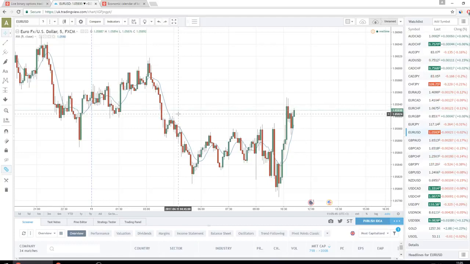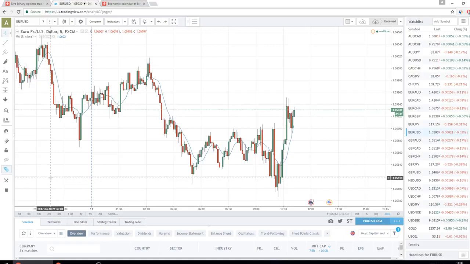Moving averages are an important analytical tool, and in most cases they are used to identify the trend and to see if there is a probability of change in the current trend.